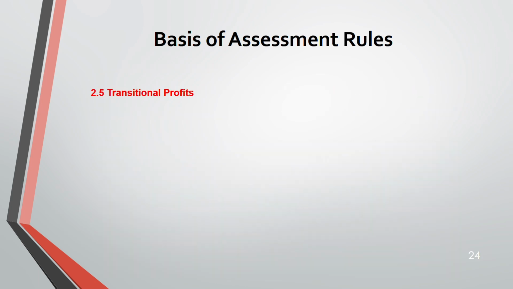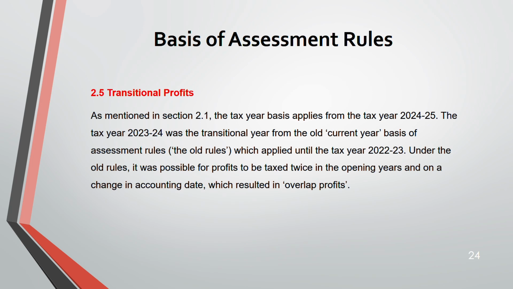Now, transitional profits. As mentioned in section 2.1, it's a tax year basis that we follow. But the tax year 23-24, the previous tax year, was your transitional year from the old current year basis of assessment rule, which applied until the tax year 22-23.